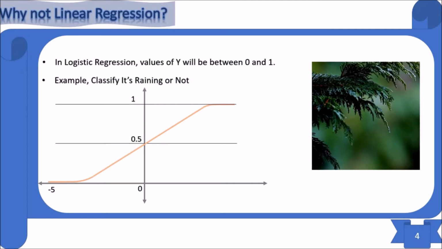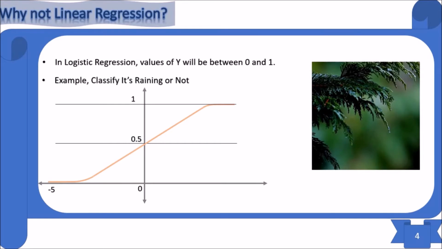So how do we do it? In case of logistic regression, instead of fitting a regression line, we fit an S curve, or S-shaped logistic function, to predict values between 0 and 1. This curve indicates the likelihood of something, such as whether it's raining or not.